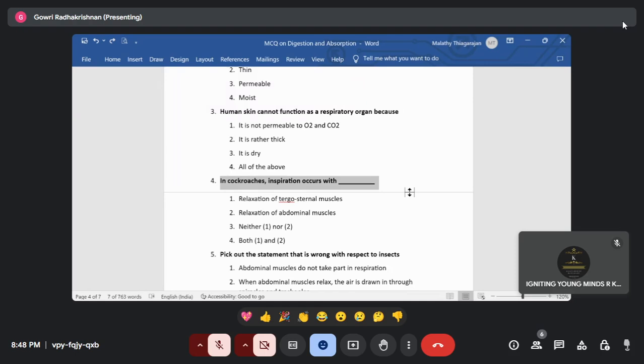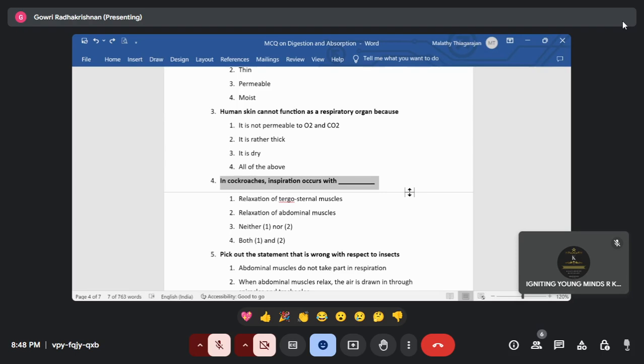Human skin is not very thin. It's rather thick. We are able to withstand harsh conditions to some extent, isn't it? Unless somebody pierces your skin with a sharp knife or sword, you can survive small scratches, and when you dash against something else, you are still able to survive with your skin.